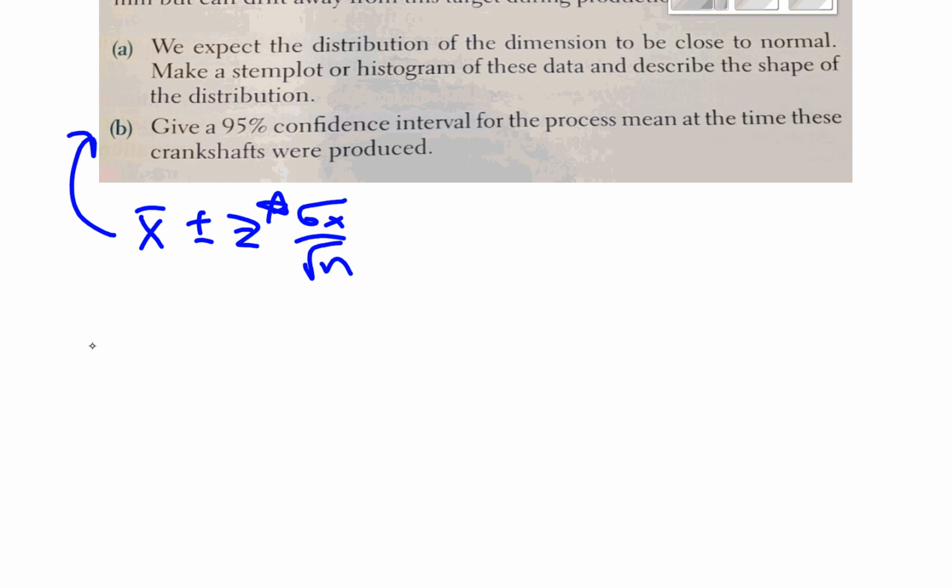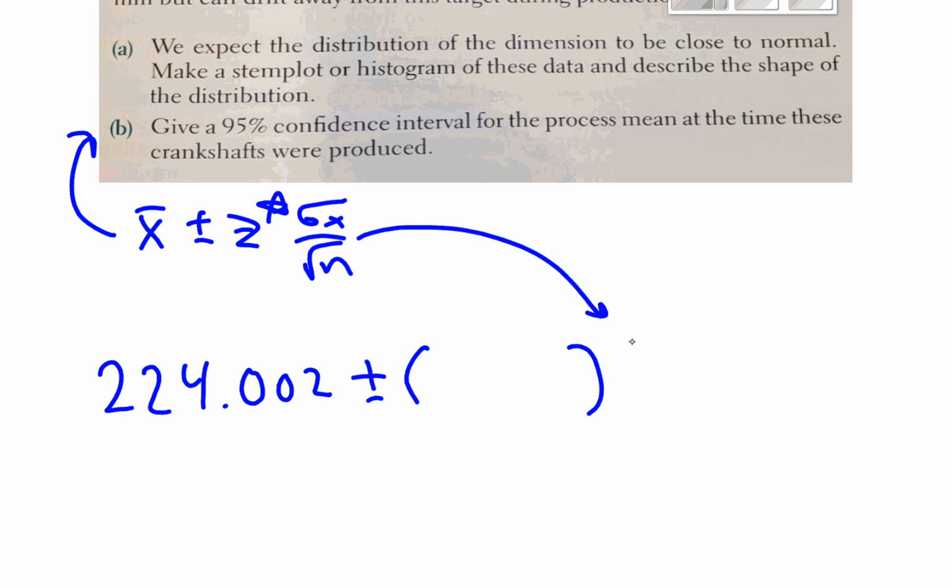And if you do that, you'll get an X bar of 224.002 plus or minus. I'm going to leave Z star out for now. And then we already know that this thing, after doing our assumptions and our independence check, turned out to be 0.015.